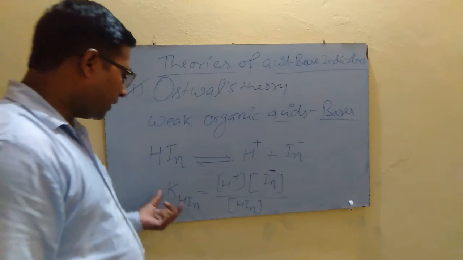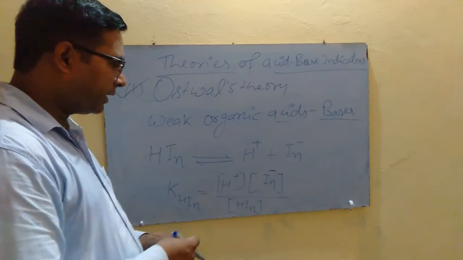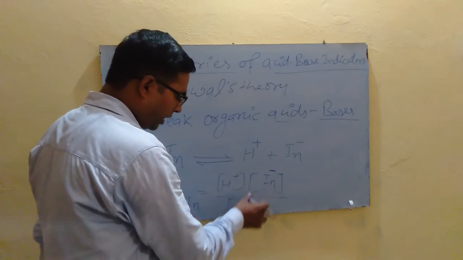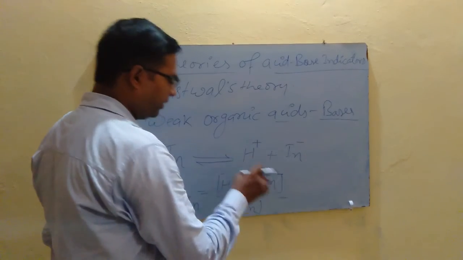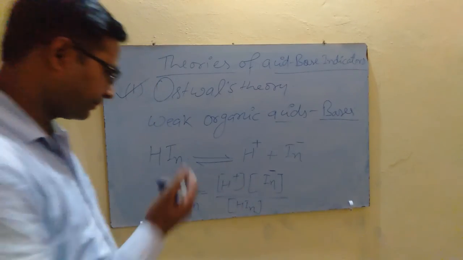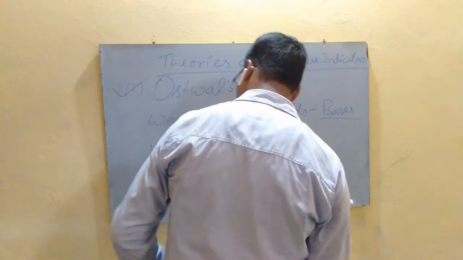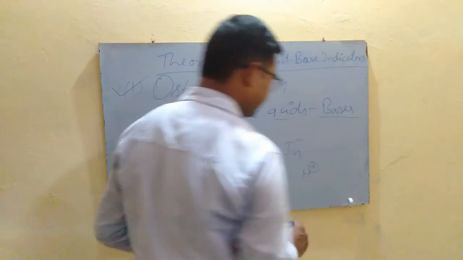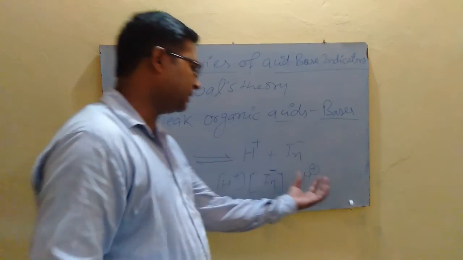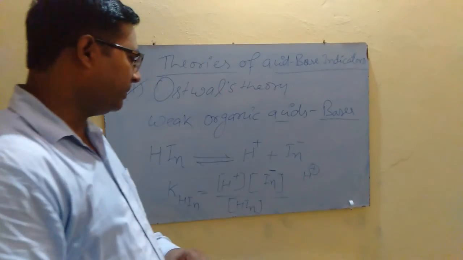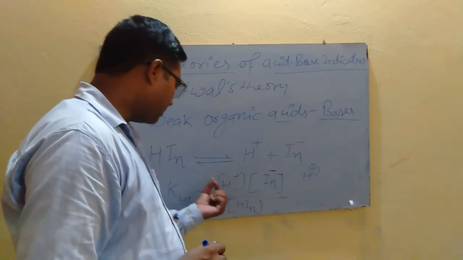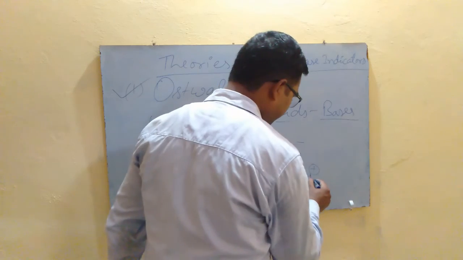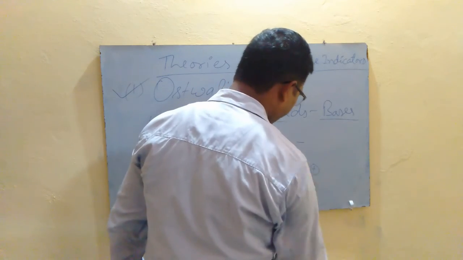So the color of indicator depends upon the relative proportion of ionized molecule of indicator and unionized molecule of indicator. If H plus ion concentration in the solution increases, or we can say in acidic medium where H plus concentration will be more, then common ion effect will be there.